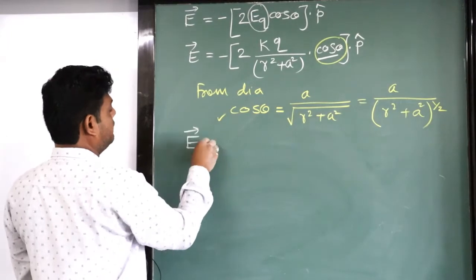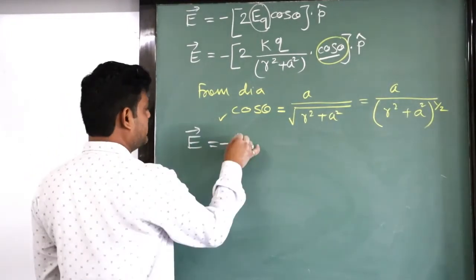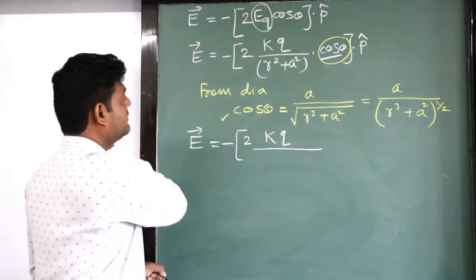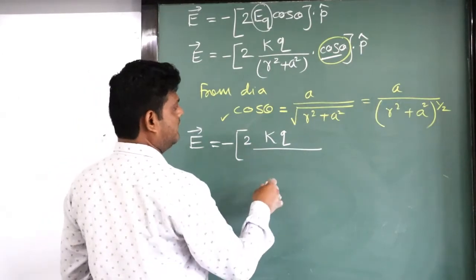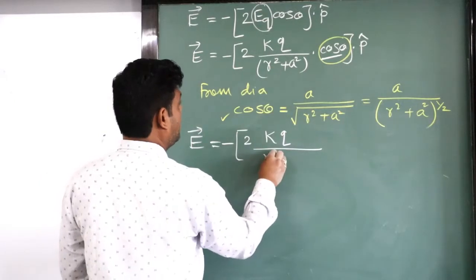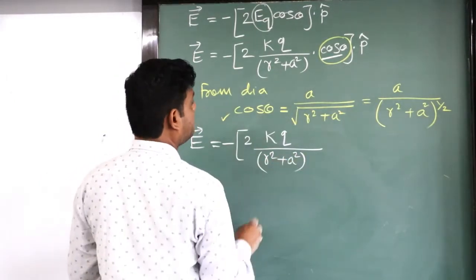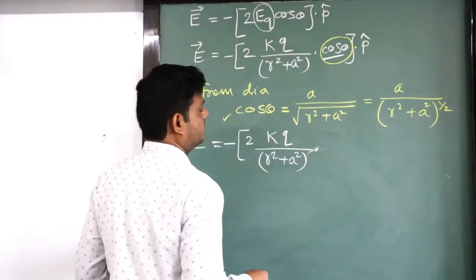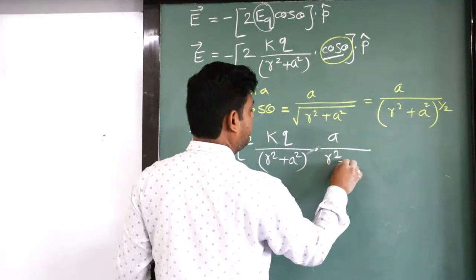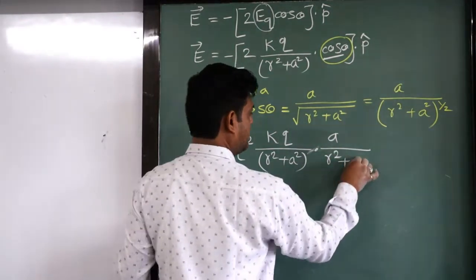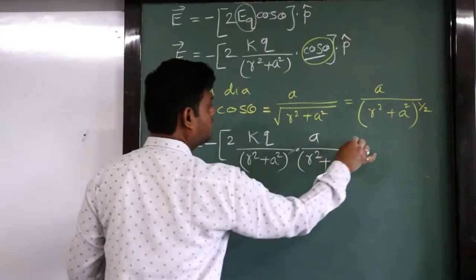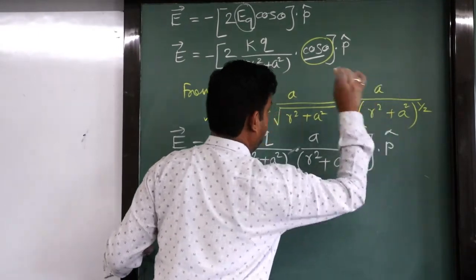E vector equals minus 2 remains as it is, 2KQ divided by R square plus A square, into, instead of cos theta, A divided by R square plus A square raised to half, into P cap.